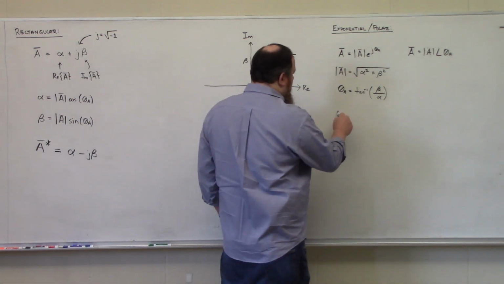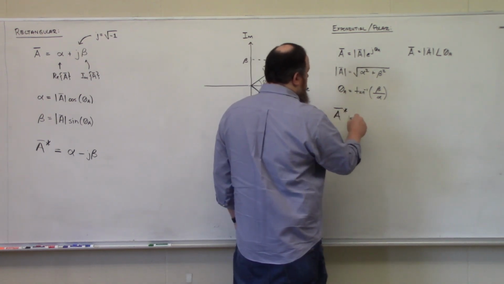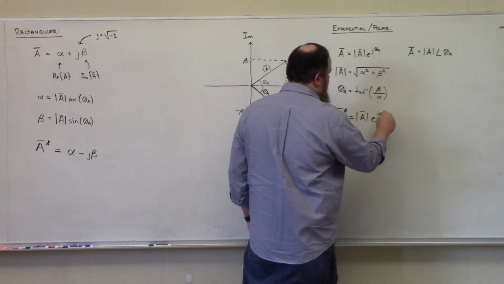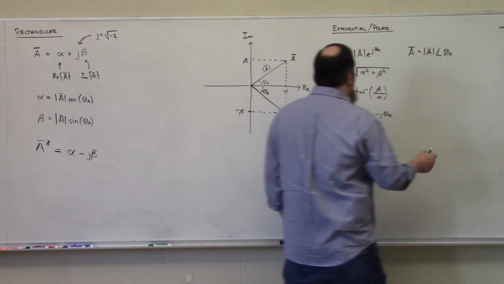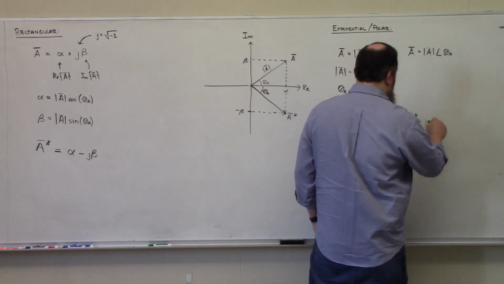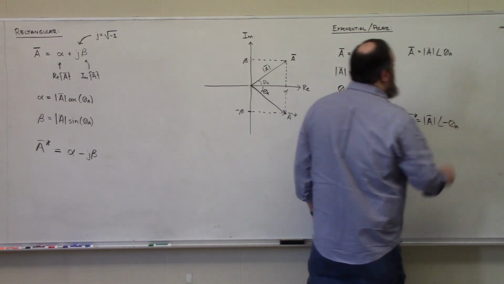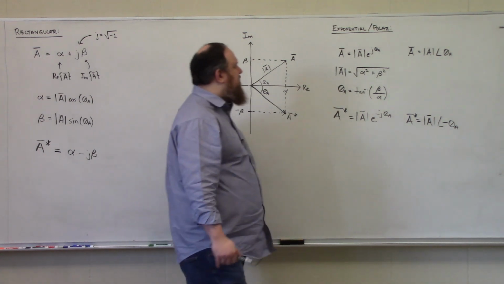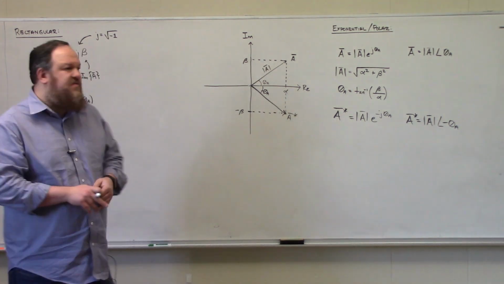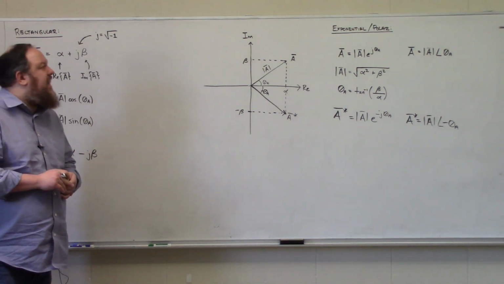So our complex conjugate operation in exponential or polar form becomes the magnitude of A e to the minus j theta A, or in polar form, we would have magnitude of A angle negative theta A. So the complex conjugate operation simply involves changing the sign on the angle if you are in exponential or polar form, or changing the sign on the imaginary part if you are in rectangular form.